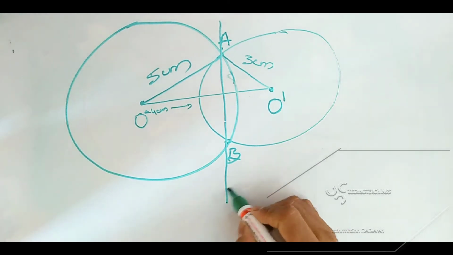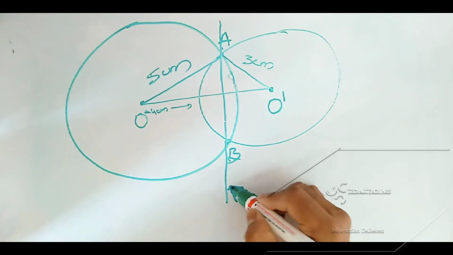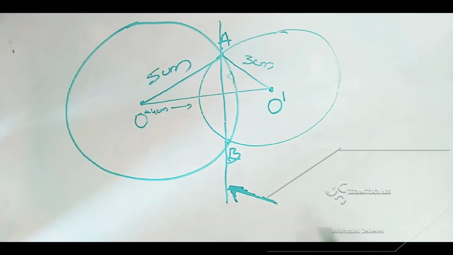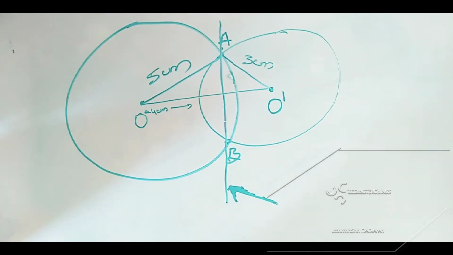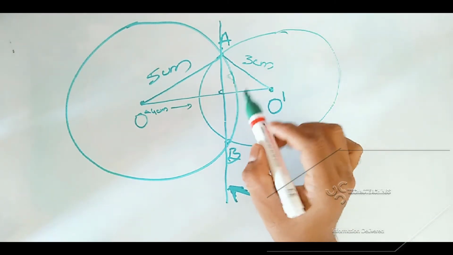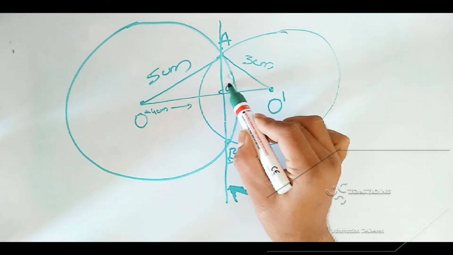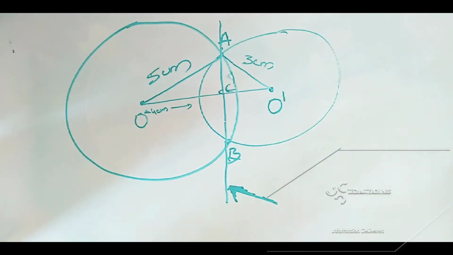This chord lies perpendicular to the line joining the centers of the circles. Now I will give this point as C, right? So A, B and C. Let us have the given data as per the figure.